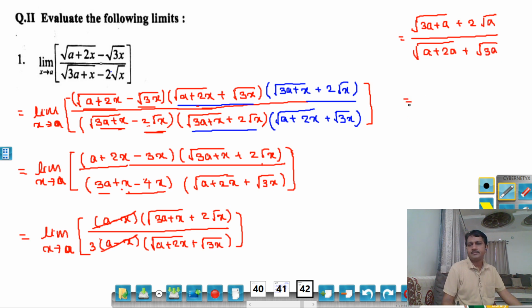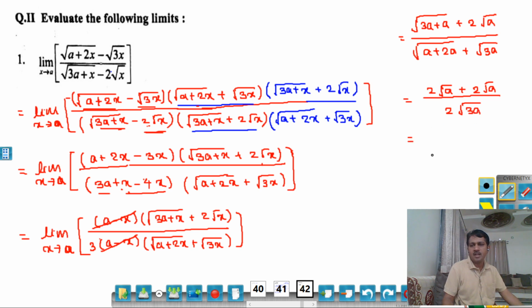So what is that? 3a plus a is 4a, and the square root of 4a is 2 root a, plus this as it is. The denominator is also root 3a plus root 3a, which is nothing but 2 into root 3a.